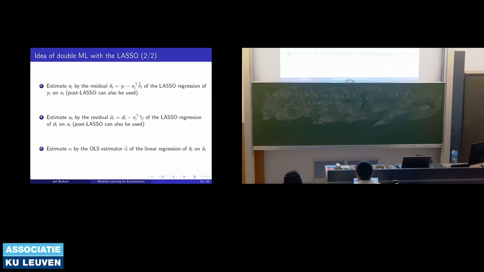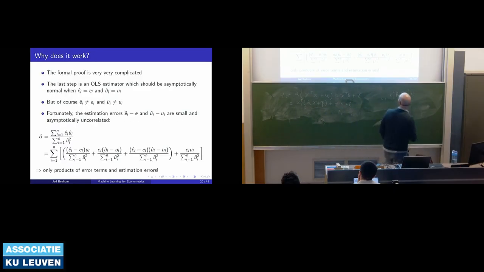And then I have two estimated residuals, ei hat and ui hat, and I just estimate alpha by alpha hat, which is the OLS of ei hat on ui hat. So this is asymptotically normal.